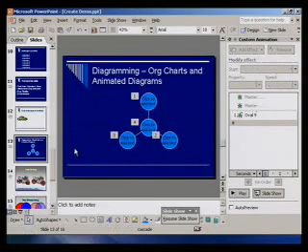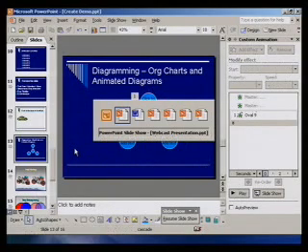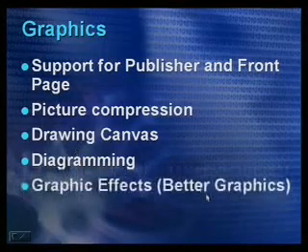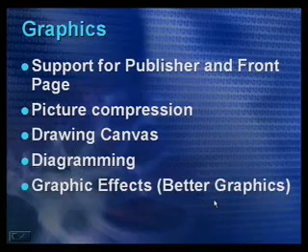Other investments that happened with the graphics group this release: we've added better graphics effects. With this, we'll go back to a demo and show anti-aliasing, which we previously did not have in our presentations.